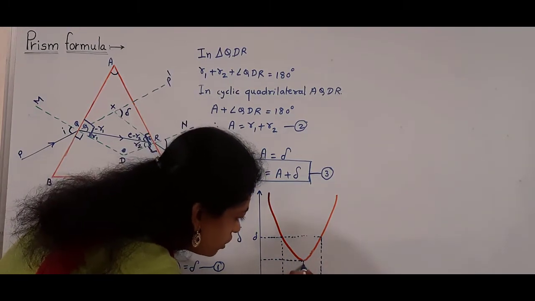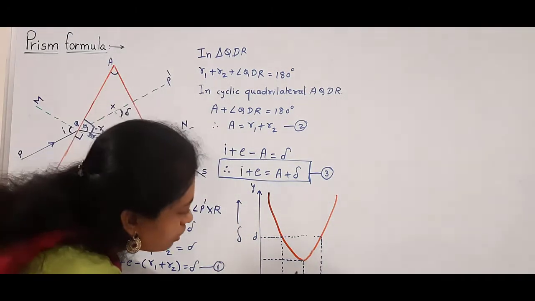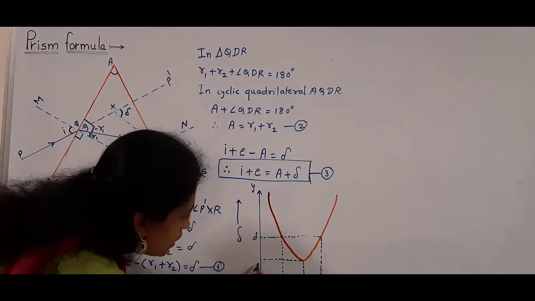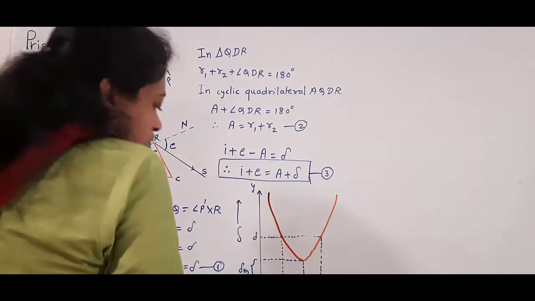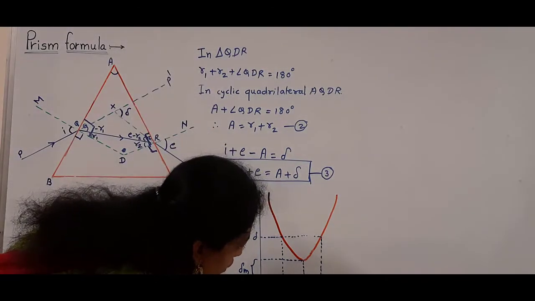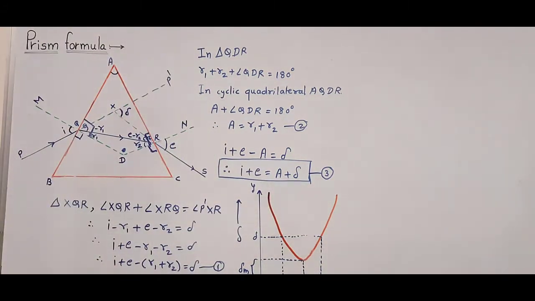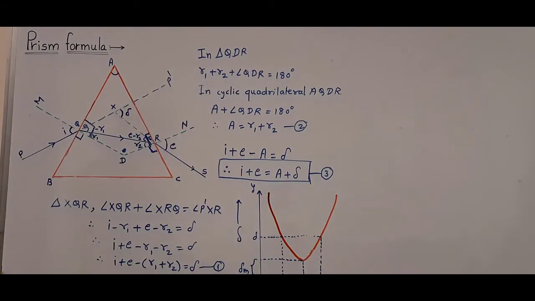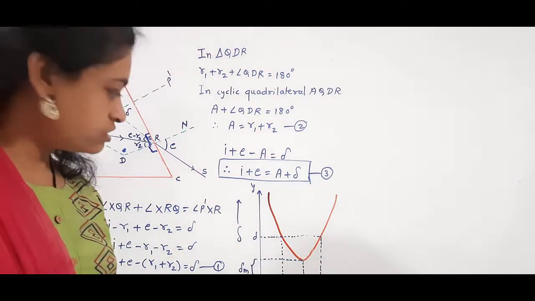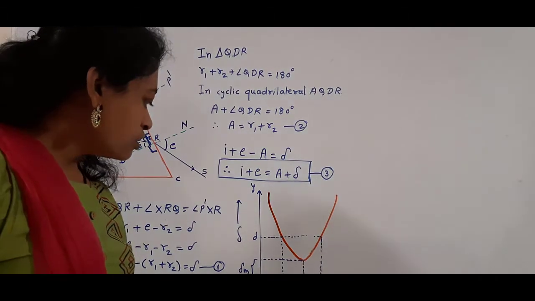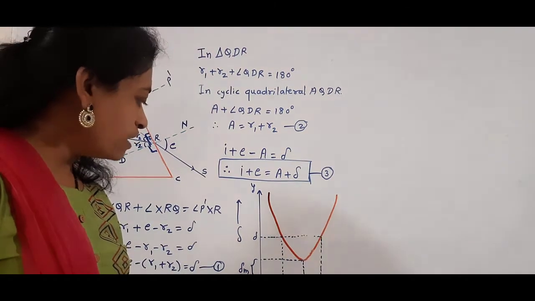For that, we get one value of angle of incidence, and at this point I is equal to E. Here the minimum value of angle of deviation is called the angle of minimum deviation, and it is denoted by delta m.